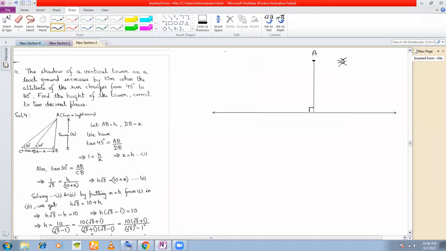Now the altitude of the sun changes from 45 degrees to 30 degrees. What does the altitude of the sun mean? That means the sun, let's say, is moving in this direction towards sunset. First of all, when the sun was in its initial position, the shadow was here. This was the length of the shadow initially.